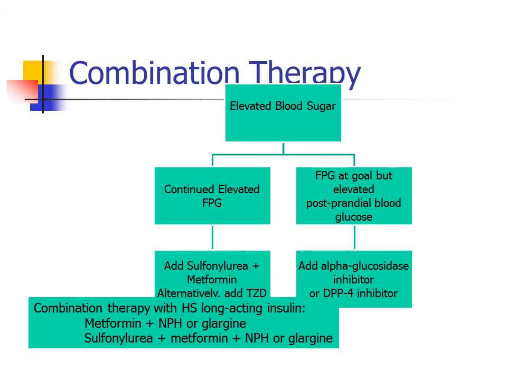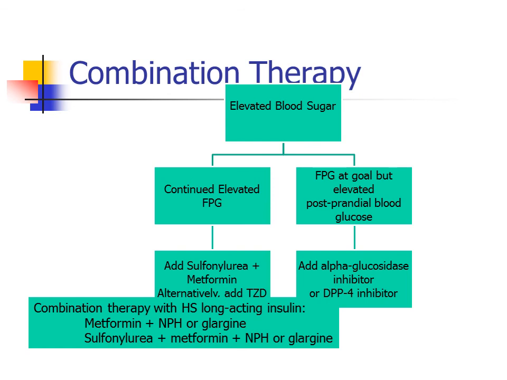Now, we've talked about oral agents in this lecture, and we've said how none of these agents are for type 1 diabetics. They're only for type 2 diabetics. I don't want to leave you with the conception that type 2 diabetics don't ever go on insulin, because frequently they do, commonly they do.